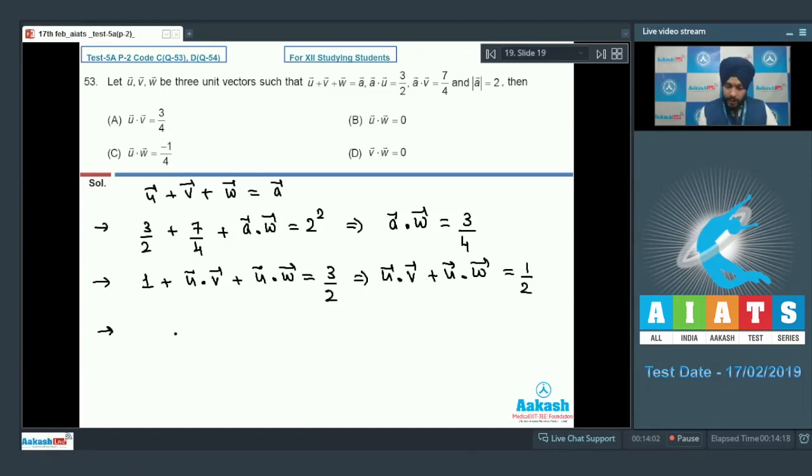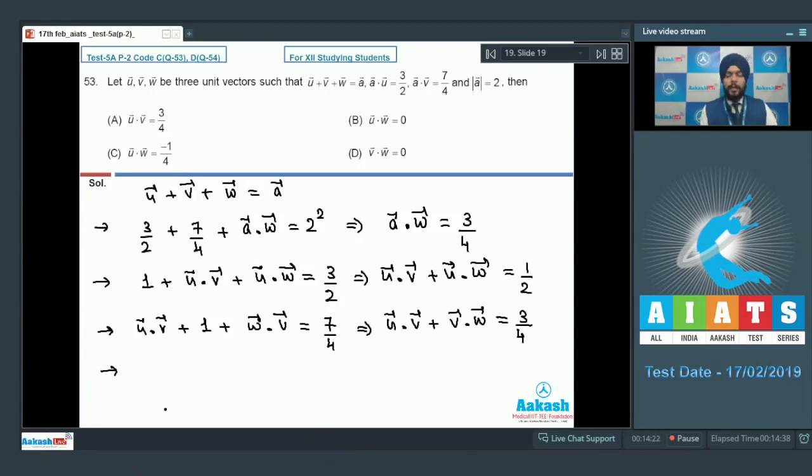Dot product with V. So U dot V, unknown. V dot V, 1. W dot V, unknown. A dot V, 7 by 4. From here we have U dot V plus V dot W equals 3 by 4.